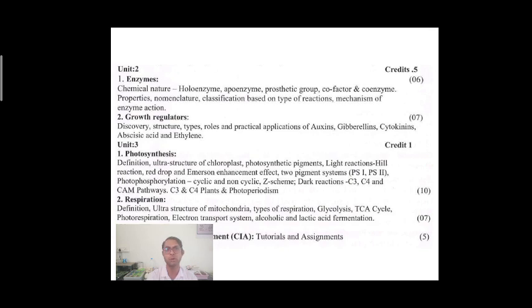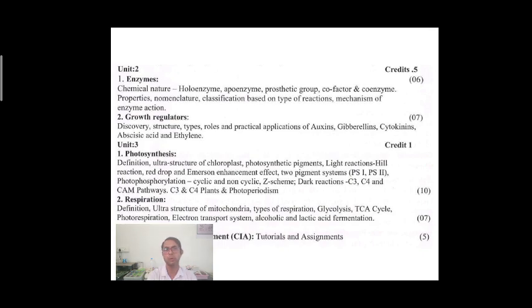And the next most important part which we are going to study in unit number 3 is respiration. It covers the definition of respiration, ultrastructure of mitochondria, types of respiration, glycolysis, TCA cycle, photophosphorylation or photorespiration, electron transport system, and alcoholic and lactic acid fermentation.